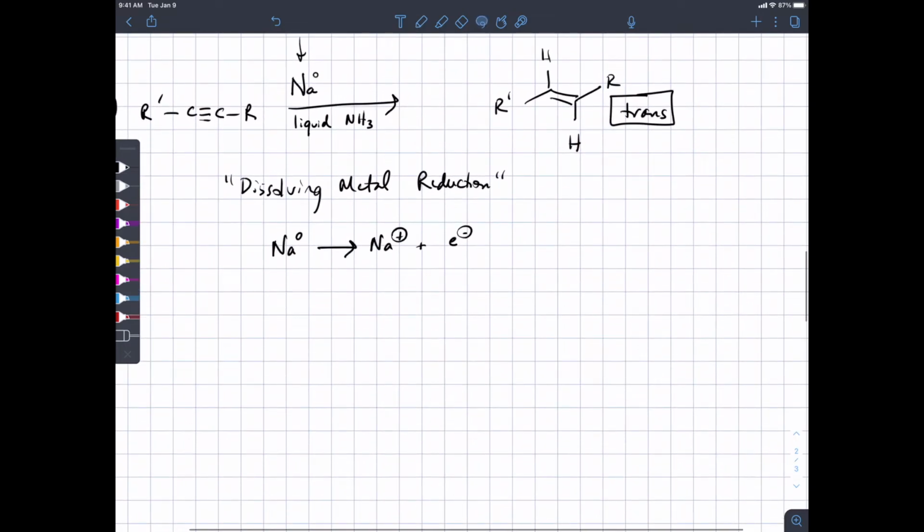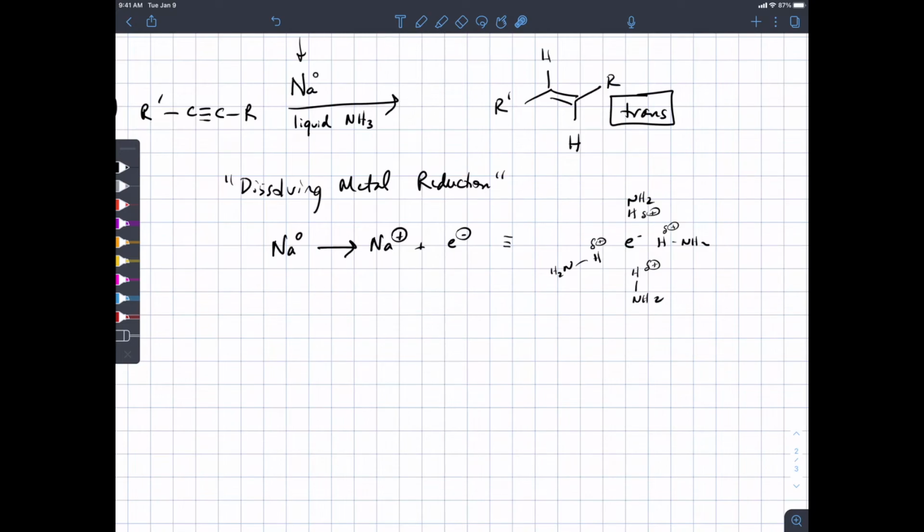Likely it's not just the electron on its own, but rather it probably is the electron surrounded by ammonia molecules that are stabilizing the negative charge with ion-dipole interactions, right? Each of these hydrogens is less electronegative than nitrogens. So you can use the electron-poor hydrogens in ammonia to sort of solvate the electron.